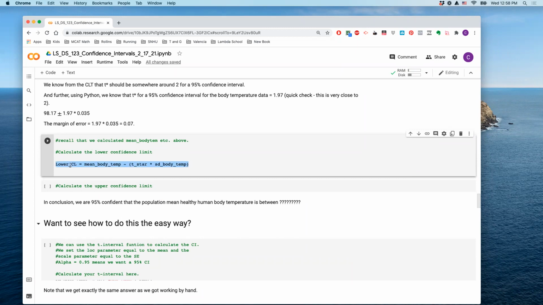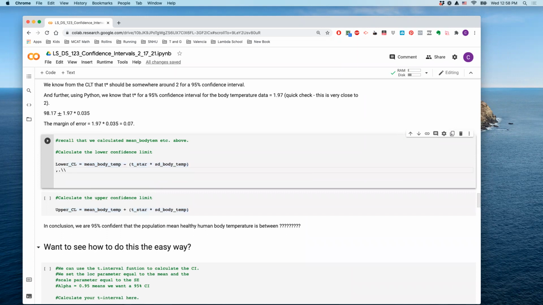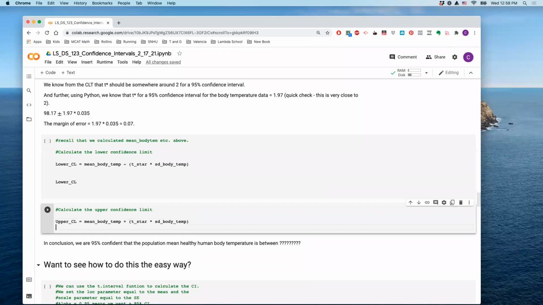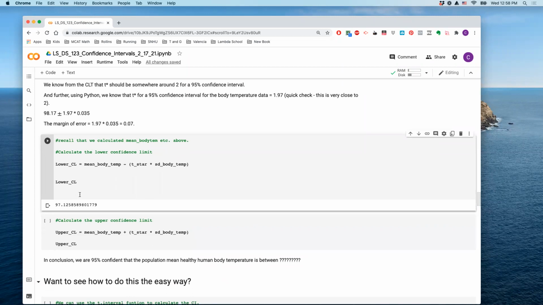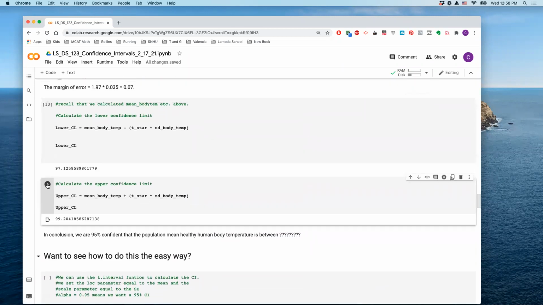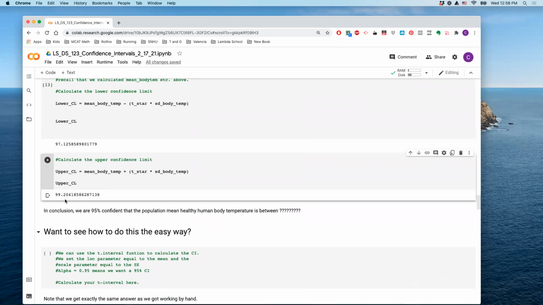And to get the upper end of the confidence limit, I'm going to add. All right, so my lower end of my confidence interval is 97.12 and my upper end is 99.2.